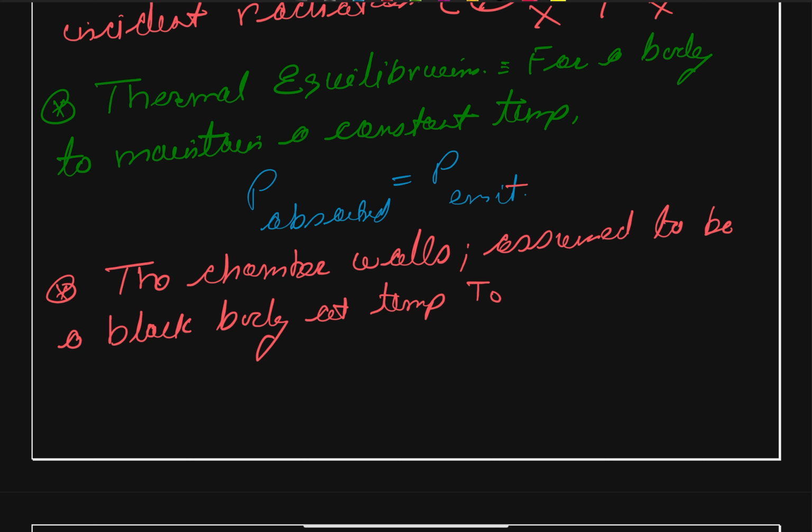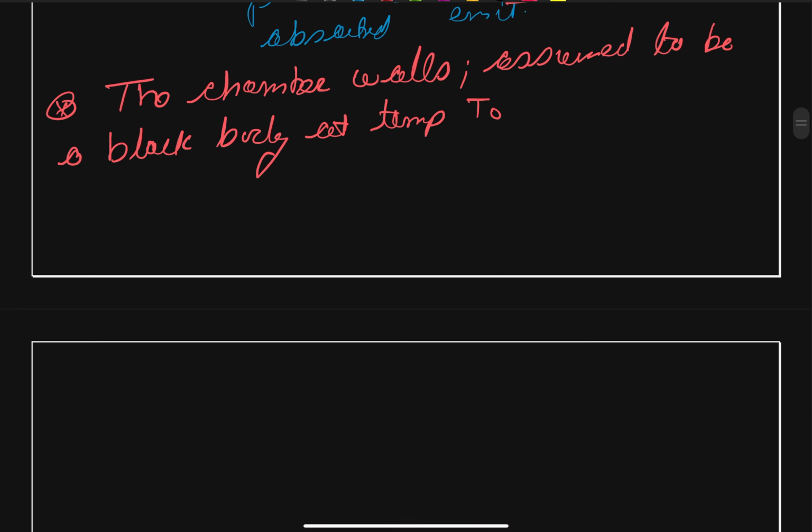So from here we can write that the emitted radiation power of the chamber will be equal to the Boltzmann constant, area, and its temperature T0 raised to power 4.